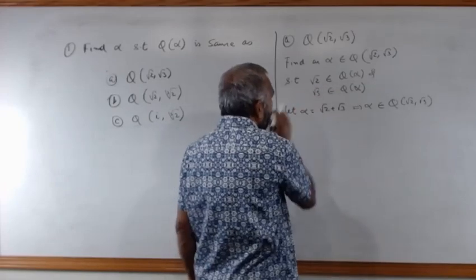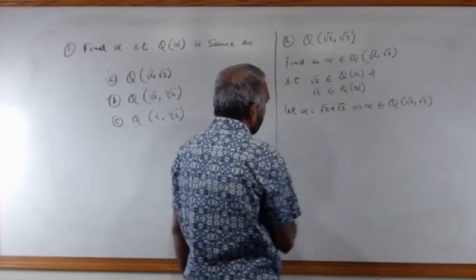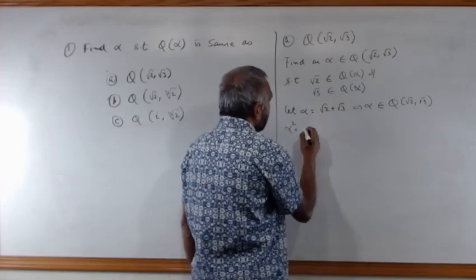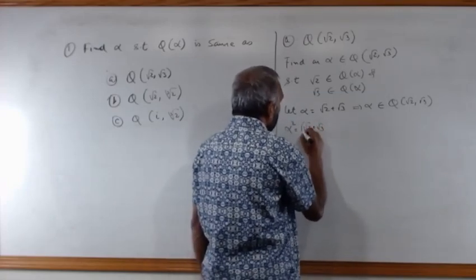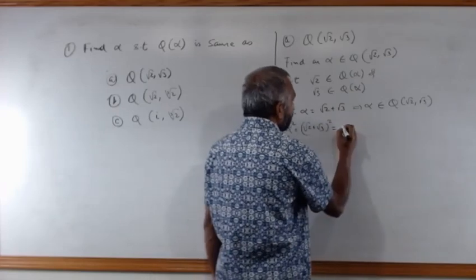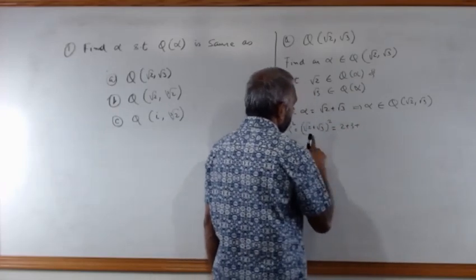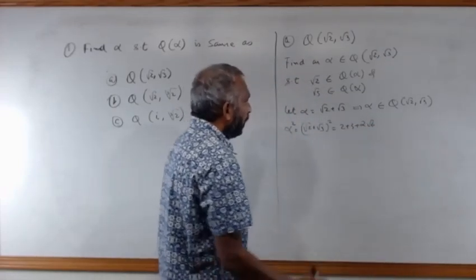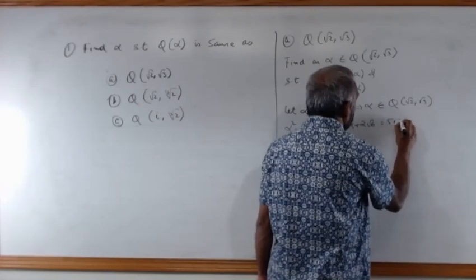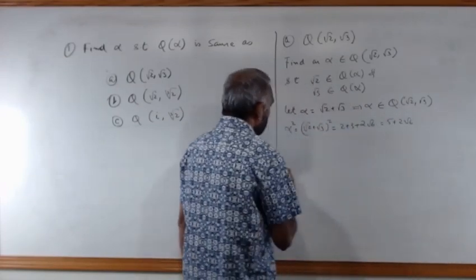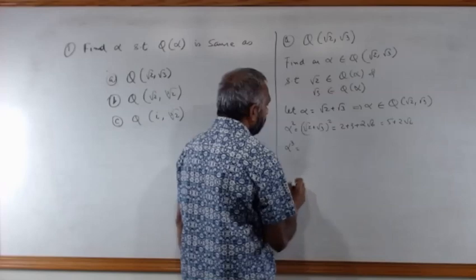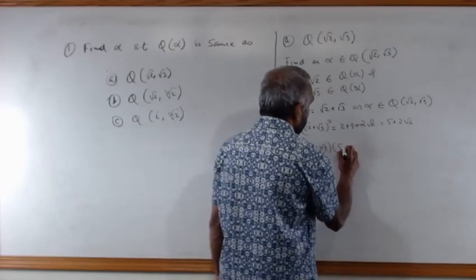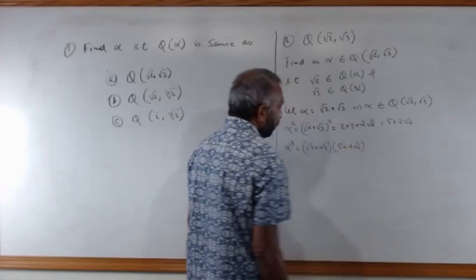So we need to find out how we can do the second one. What is α squared? It is equal to (√2 plus √3) whole squared. That is 2 plus 3 plus 2√6, which is 5 plus 2√6. What is α cubed? (√2 plus √3) times (5 plus 2√6).